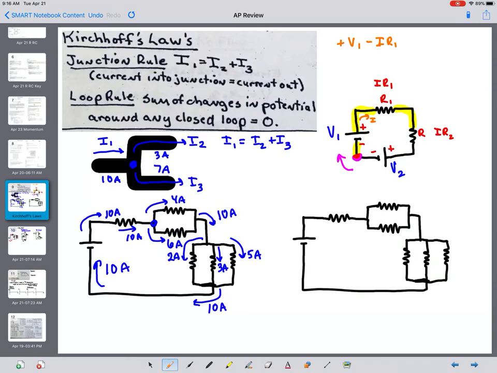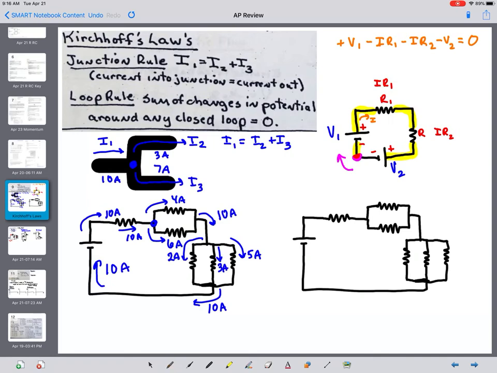Current flows from high to low. And so that is also going to be a decrease of I R2. And then we continue to move around to the second battery. Now this battery, I'm going from the high side to the low side. So that would be a decrease in volts of V2. I've accounted for all the voltages in the closed loop. And so my total would be 0.